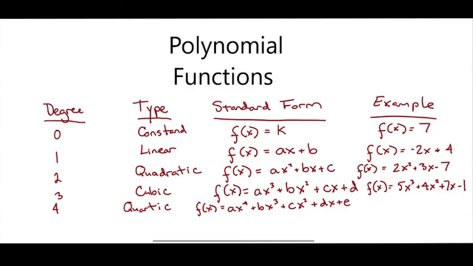And an example of that would be f of x is equal to 2x to the fourth plus 6x to the third plus 9x squared minus 7x plus 1.